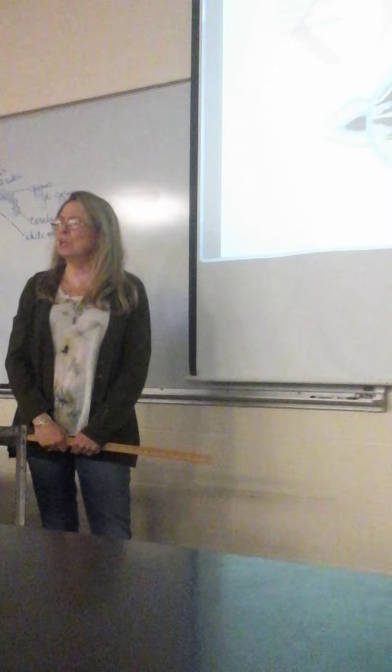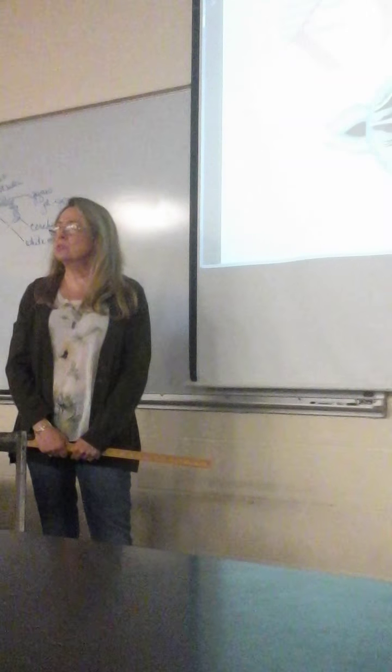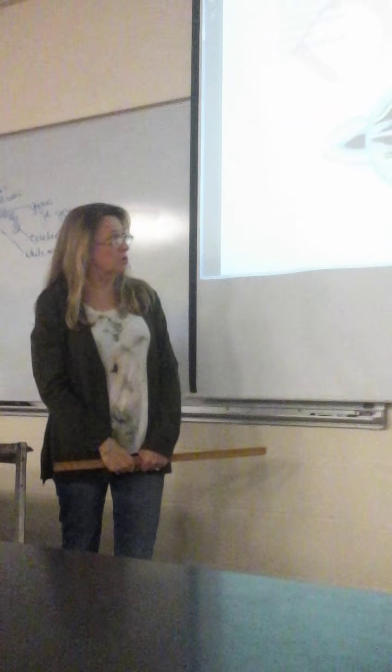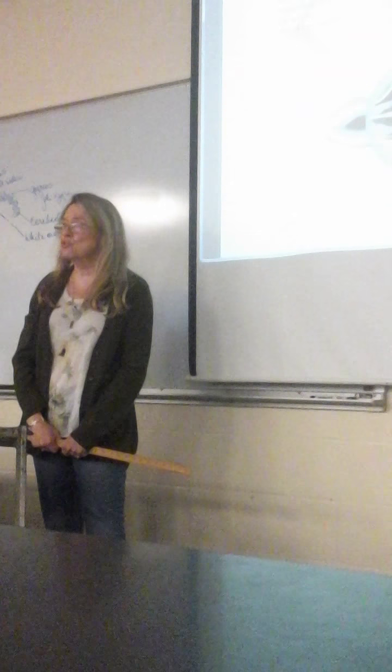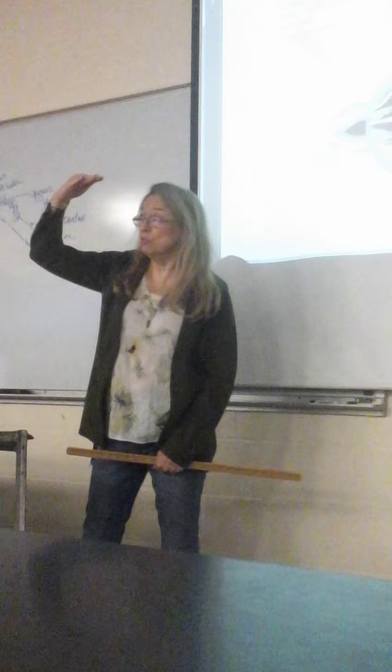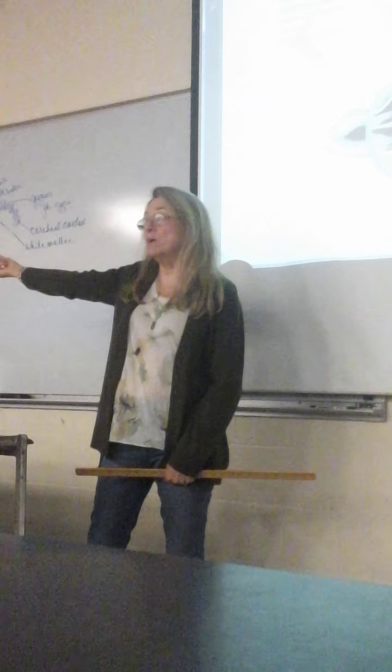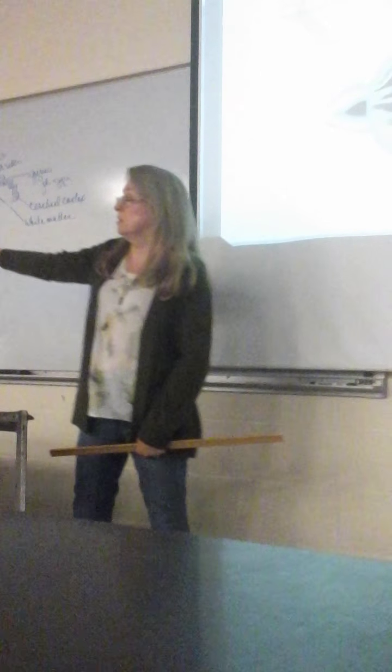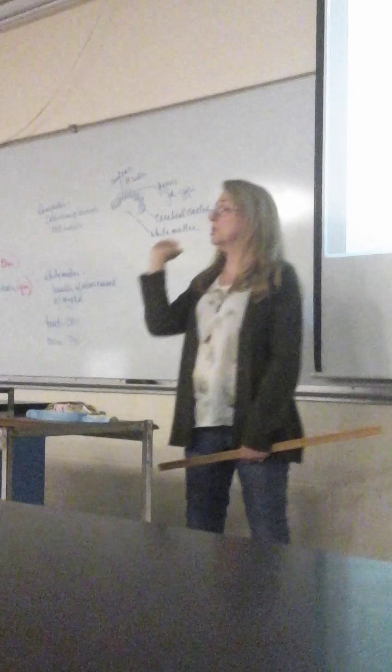Is it important that we know this? Okay. So, which way do you think signals are traveling in this dorsal root? Towards the spinal cord, because we're getting sensory information from outside, right? So, sensory is going to be coming in towards the spinal cord.